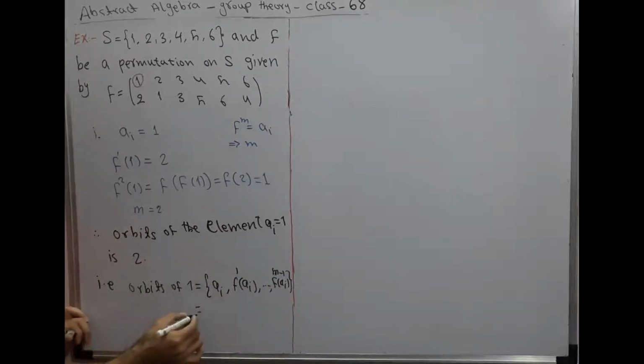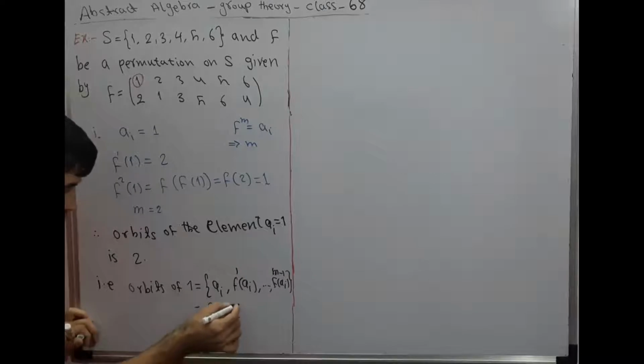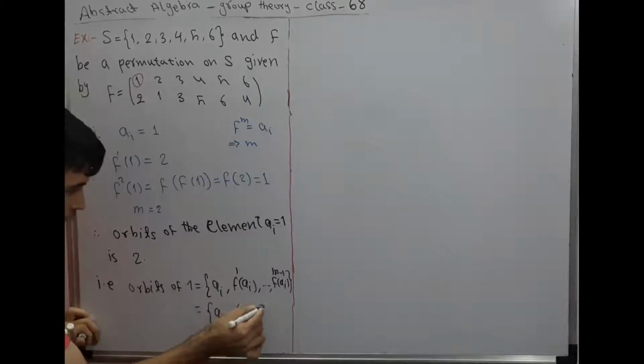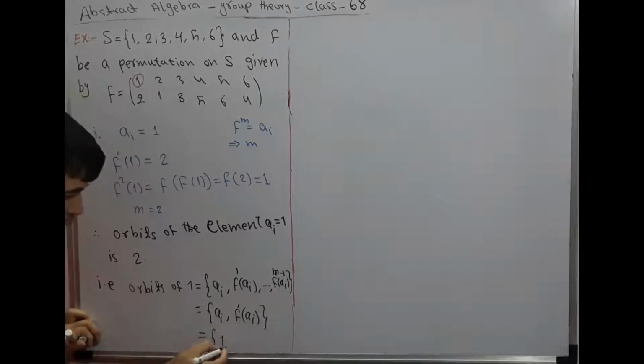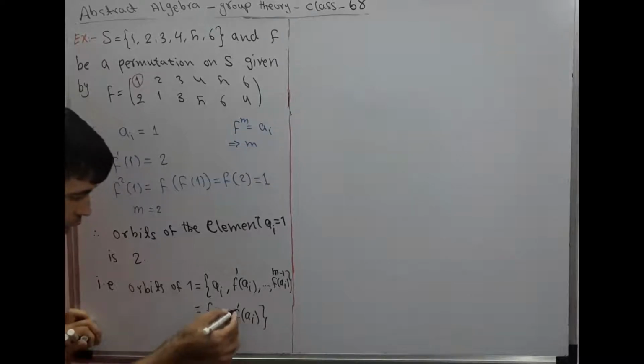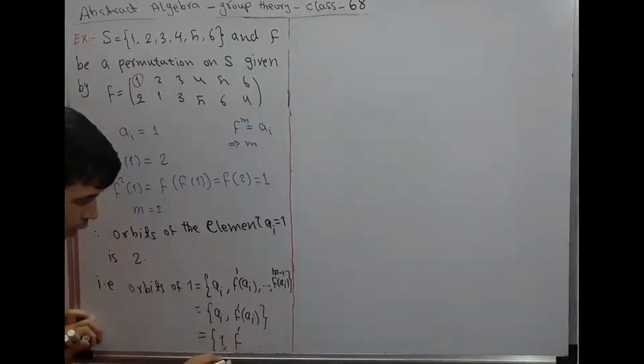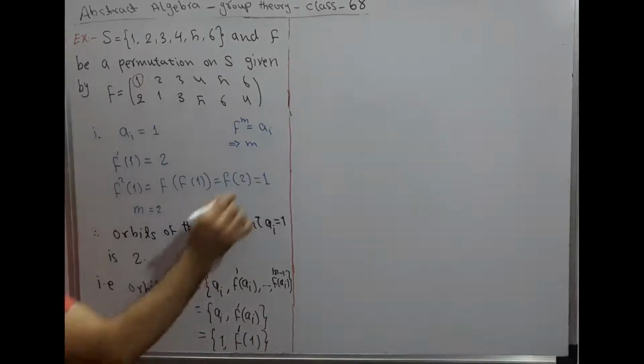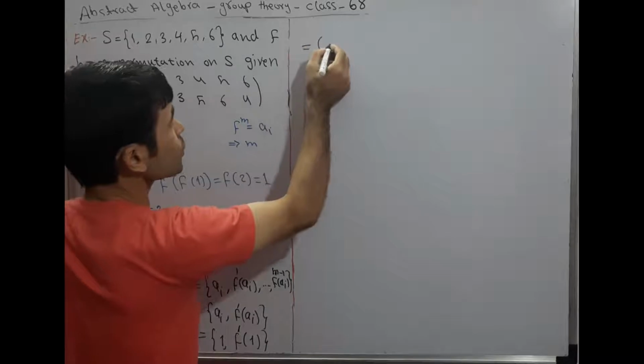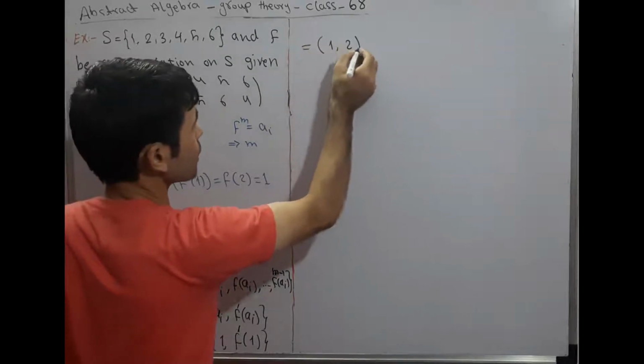With ai equal to 1, that is 1, f of 1, which is 1, 2.